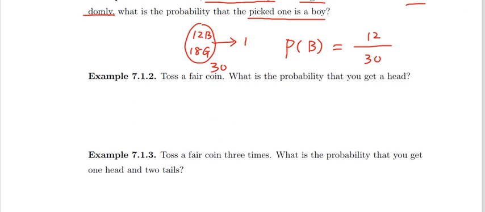Okay, so let's say there's a problem: toss a coin. It could be face up, face down, or a head or tail. What is the probability you can get a head? We say just a half chance, because we have 2 faces. In total we have 2 cases, head or tail, right?